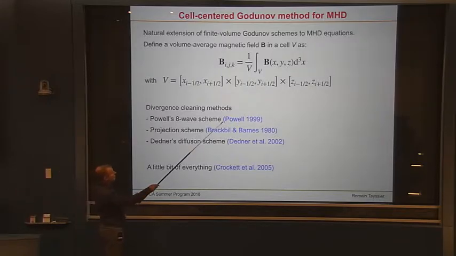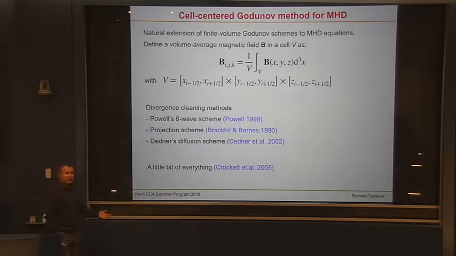The easiest one is the Powell scheme, which basically is not afraid of a non-zero divergence and is just incorporating it and proudly using it in the solution. Then there are, I would say, people who are ashamed of divergence, right?